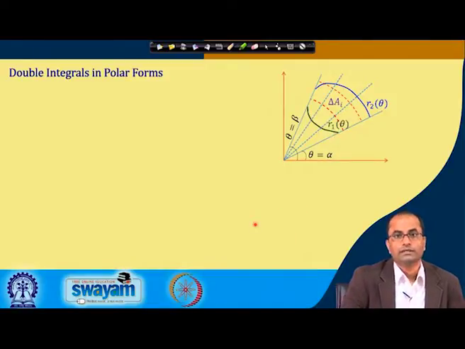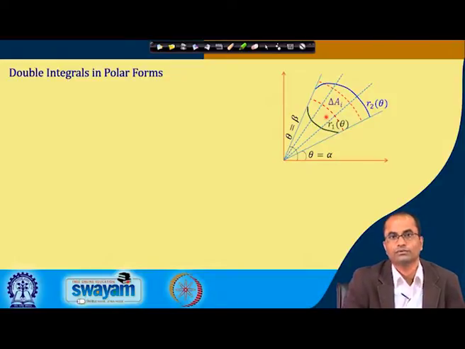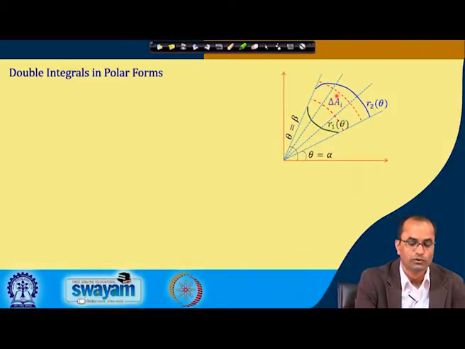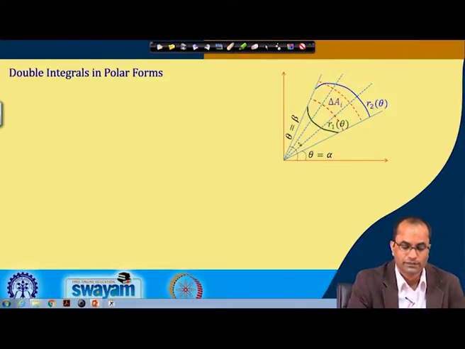So, now how will the integral take form in polar coordinates? Suppose we discretize this domain, similar to the Cartesian one, into smaller cells, and let us consider for instance this cell which we call delta A i. For this cell, the distance from the origin to any point on this line is r i.